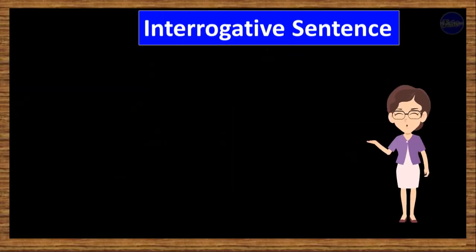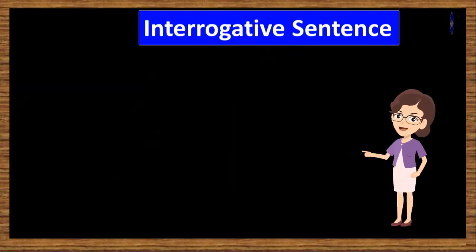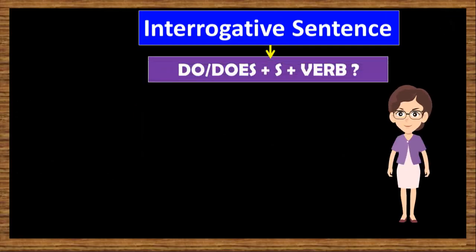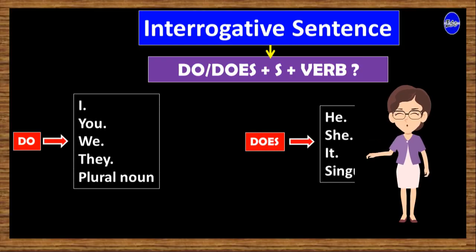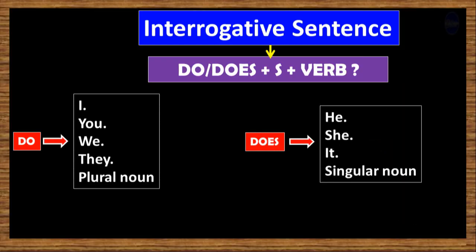And if we want to use the simple present tense in forming an interrogative sentence, then the rule is do or does, plus subject, plus verb, plus question mark. Just like in negative form, we use the auxiliary do if the subject is one of I, you, we, they, and a plural noun, while does is used if the subject of the sentence is one of he, she, it, and a singular noun.